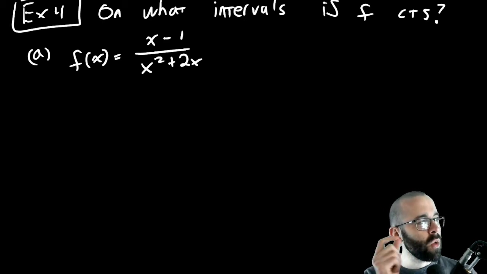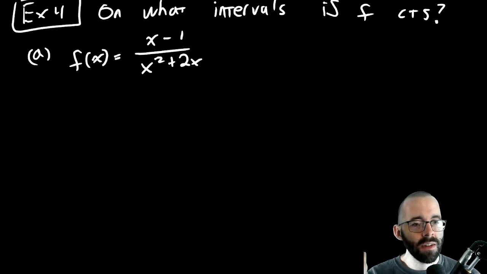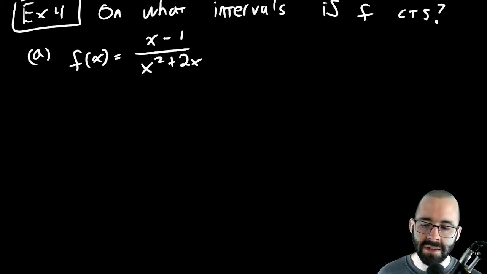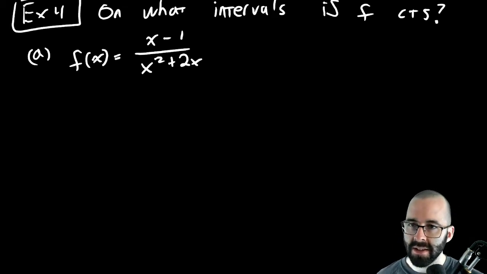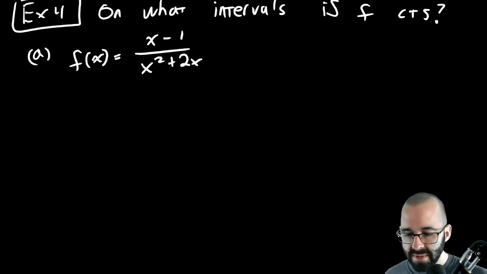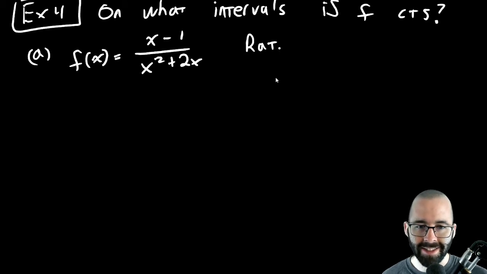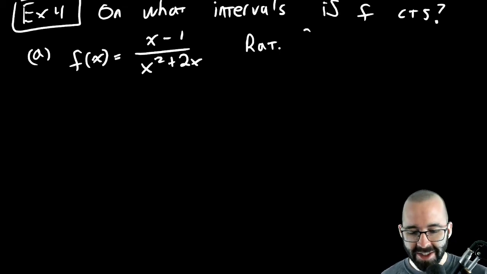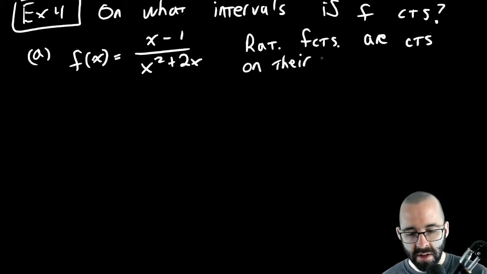Jason said rational functions are continuous everywhere on their domains. We actually kind of already talked about this, right? Rational functions, continuous on their domains.